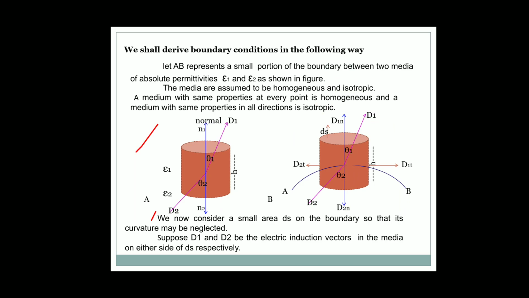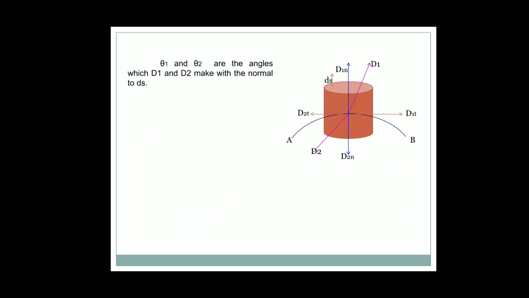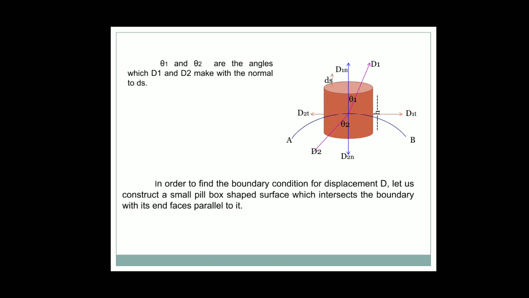Suppose D1 and D2 are the electric induction vectors in the media on either side of the boundary. D1 and D2 are vectors making angles theta 1 and theta 2 with the normal drawn to the boundary.